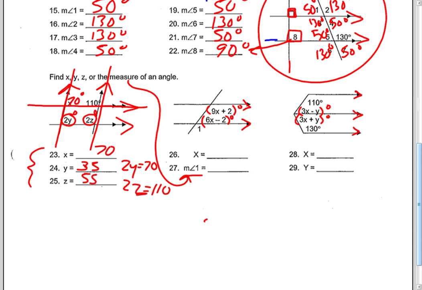And what kind of angle pair do we have for 26 and 27? Another consecutive interior, which means 9x plus 2 plus 6x minus 2 equals 180. If you solve for x, you should have gotten 12. And for 27, we do need a degree symbol because we're asking for a measure.